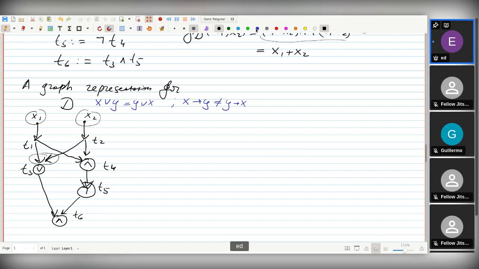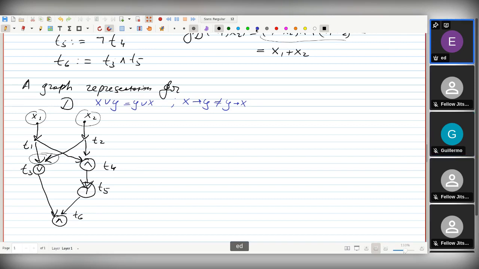For example, this disjunction gate will give us current at its output, T1 disjunction T2, if and only if it has current at at least one of its inputs. Is it clear? Yes, yes.